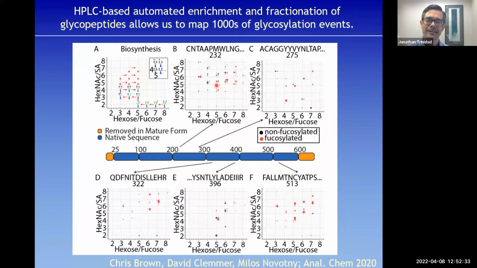And so you can quickly see here, and I've color coded in red everything with a fucose, that this particular peptide seems to be about 50-50 fucosylated versus not, whereas there's a lot more fucosylation here. You can see where it is in the overall biosynthetic pathway.